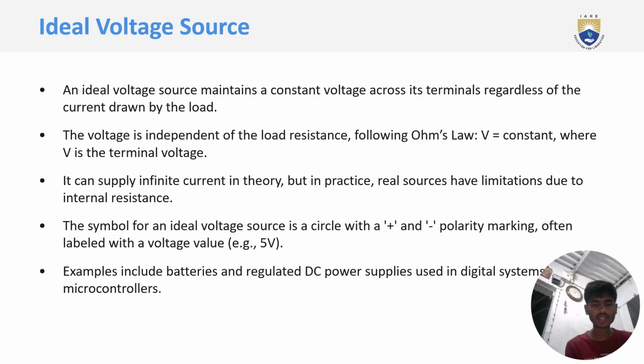It can supply infinite current in theory, but in practice, real sources have limitations due to internal resistance. The symbol of an ideal voltage source is a circle with a plus and minus polarity marking, often labeled with a voltage value, for example 5 volts. Examples include batteries and regulated DC power supplies used in digital systems.